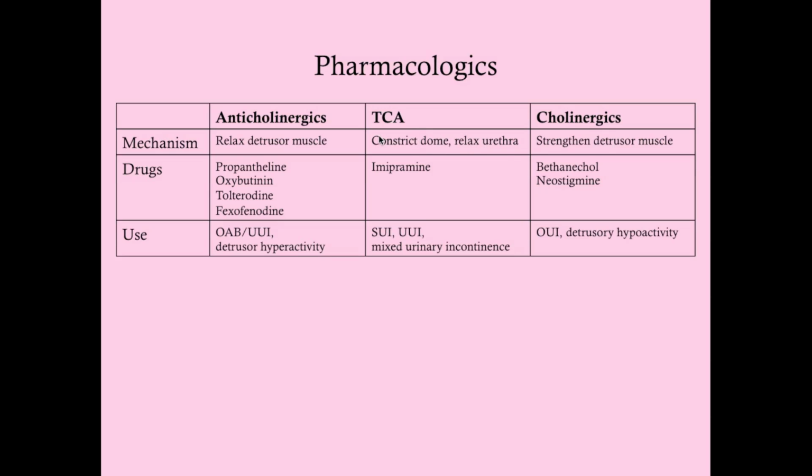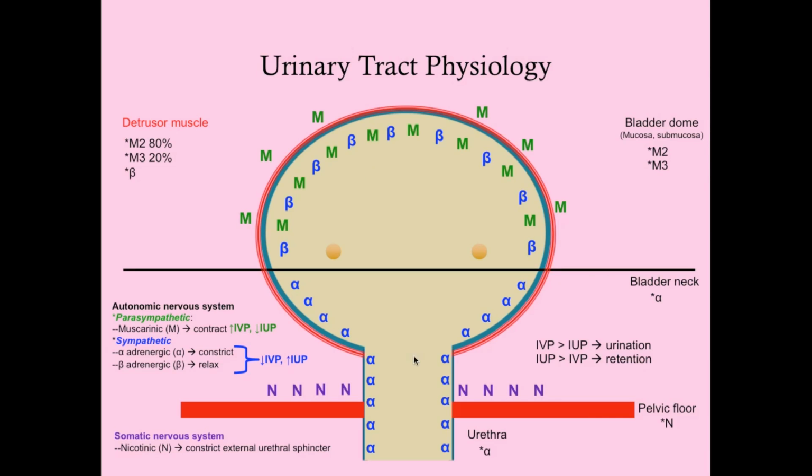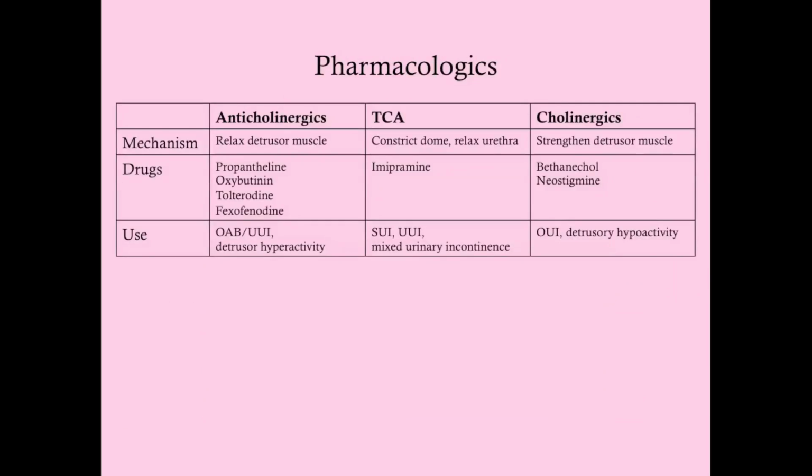And that's going to help with stress urinary incontinence and urge urinary incontinence. Essentially, you cause constriction of the urethra and relaxation of the dome, and that's going to help when it comes to incontinence. So this should say relax dome, constrict urethra.